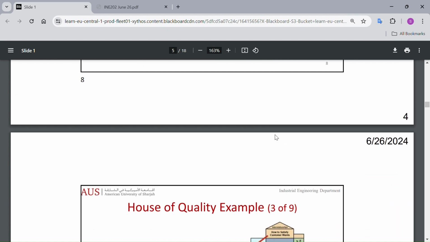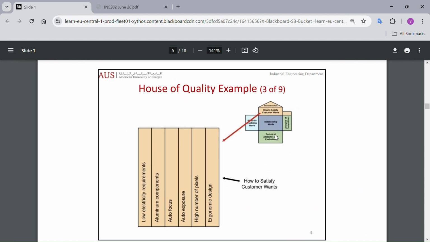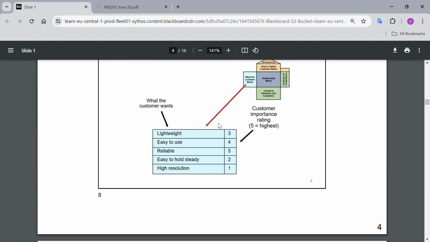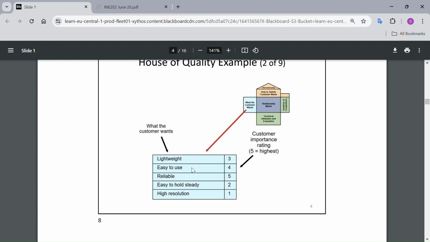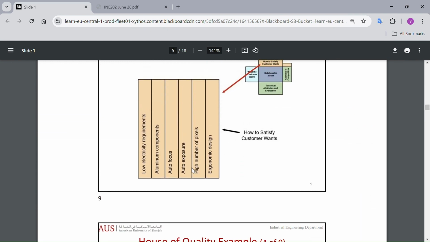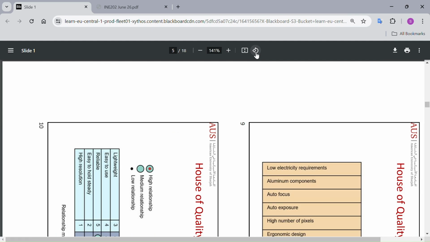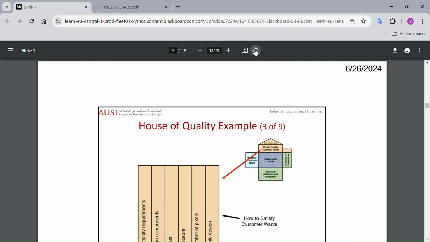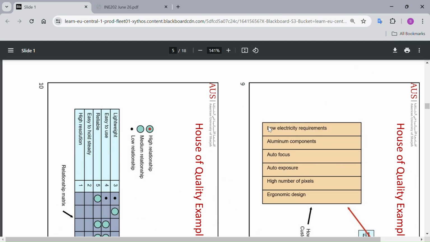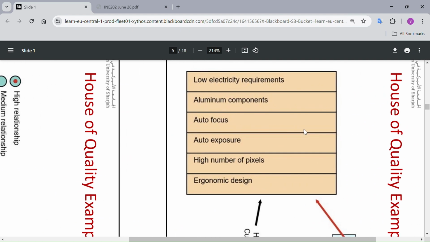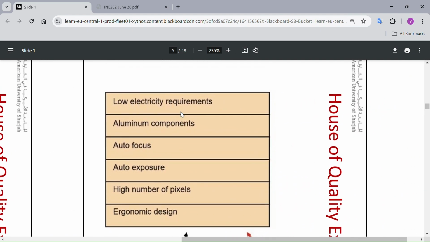So that is for the customer. After we have developed this rating for the customer, now we need to develop requirements.